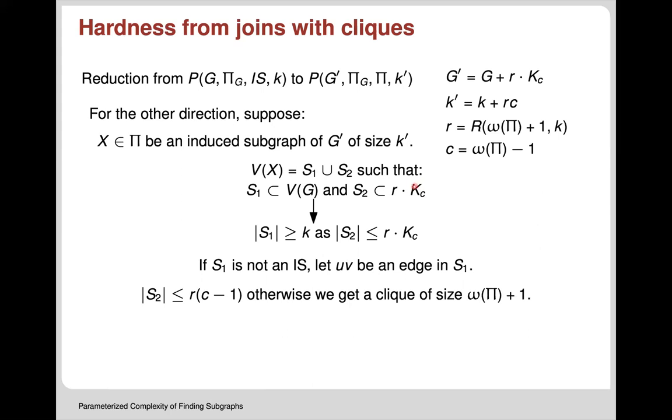If I take the whole clique on C vertices, and you have two vertices U and V with an edge between them, then that clique on C vertices along with this edge UV will give us a clique of size C plus 2, which means we get a clique of size omega of pi plus 1. That cannot happen because X is a graph which belongs to property pi. So my S2 has size at most R times C minus 1.